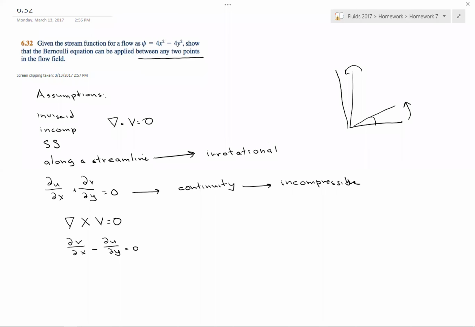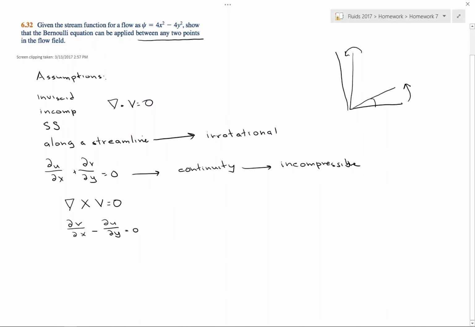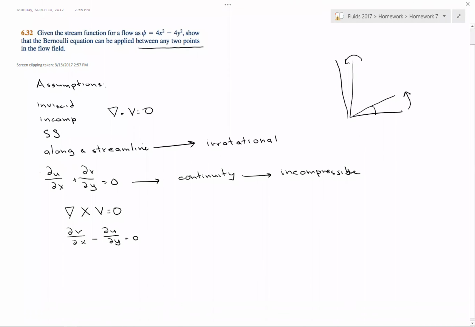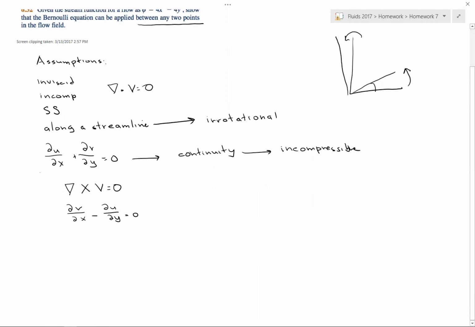So what you do is you can find du, this right here, and you can also make sure that it is incompressible. Although they don't say that it applies to any 2 points, they don't say that it's incompressible. So you also have to use continuity. Otherwise you won't get full credit.